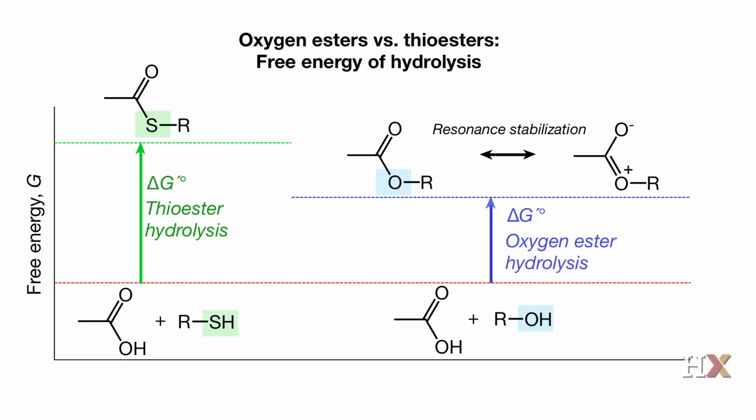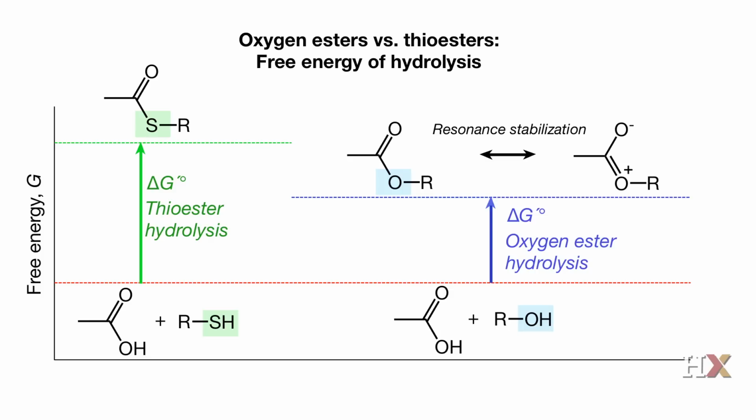The presence of the sulfur in the thioester prevents this resonance stabilization. The thioester is less stable, and in consequence, the delta G prime naught for the hydrolysis of a thioester is more negative than that for an oxygen ester hydrolysis.